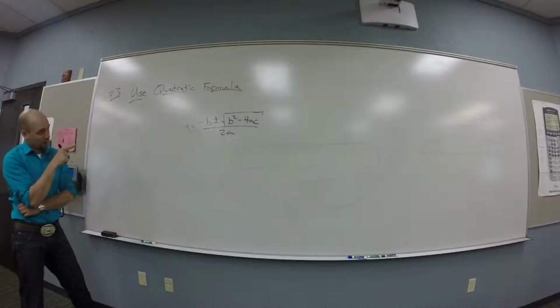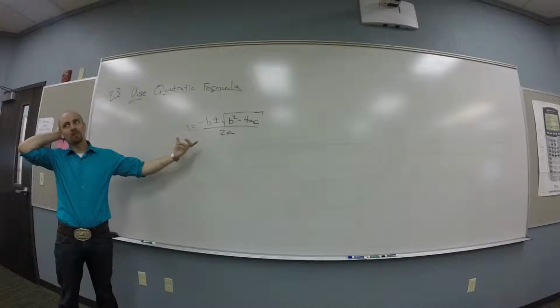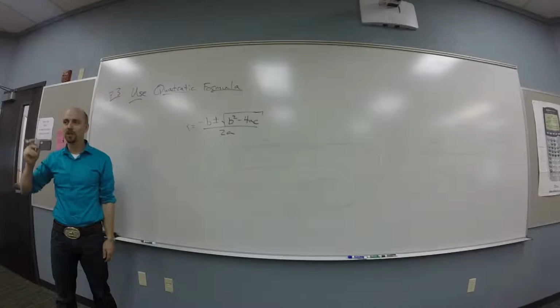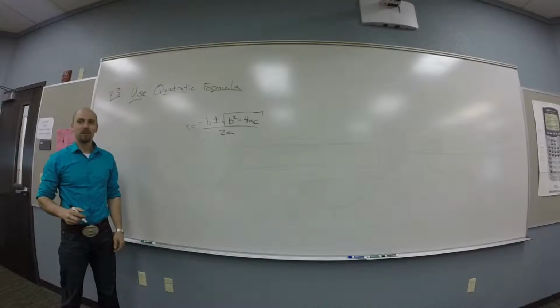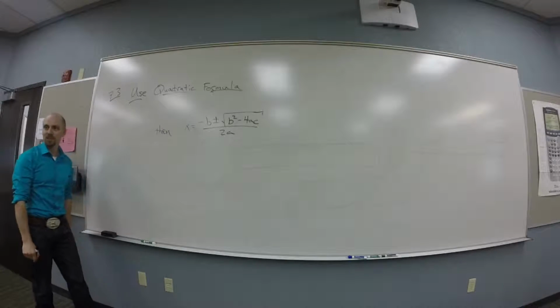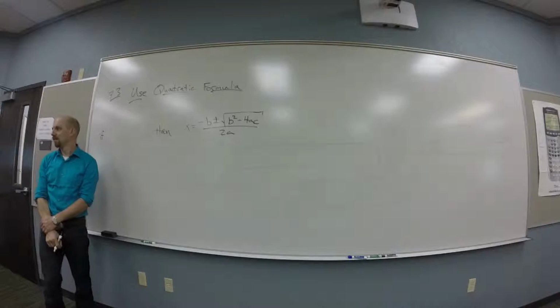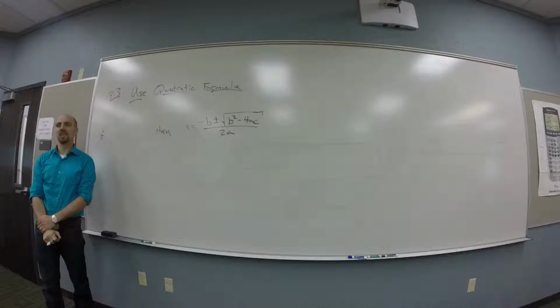So there's this thing which is pretty commonly called the quadratic formula, but there's actually more to this thing. This is really an if-then statement. This is the then. What's the if? When can you use this thing, in other words?